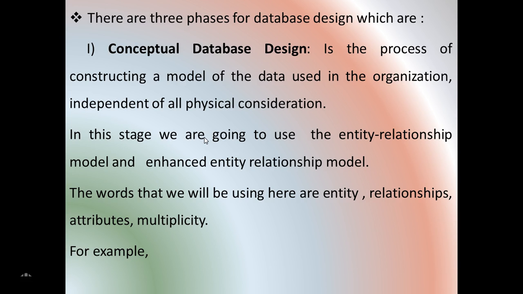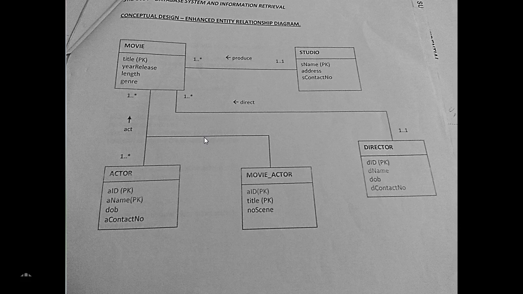In this stage, we use the entity relationship model and enhanced entity relationship model. There are some words that we use mostly here, which are entity, relationships, attributes, multiplicity, cardinality, constraints. Let us see this example.